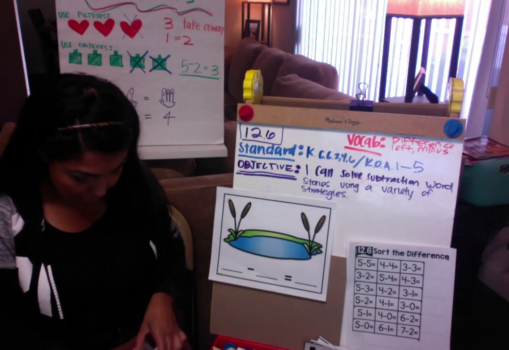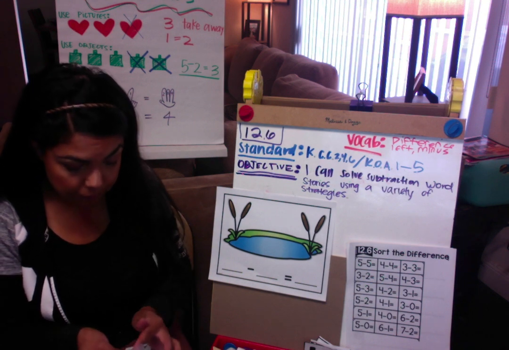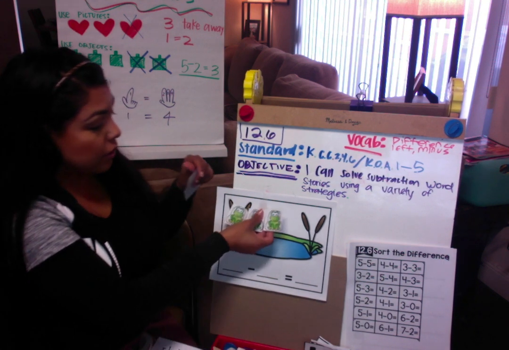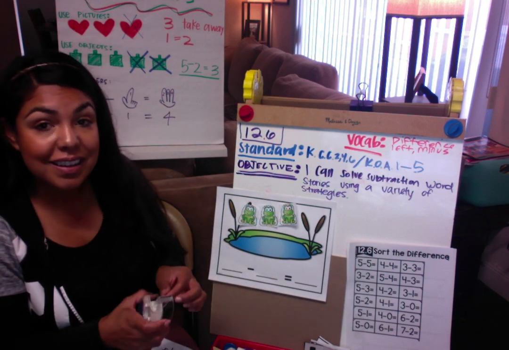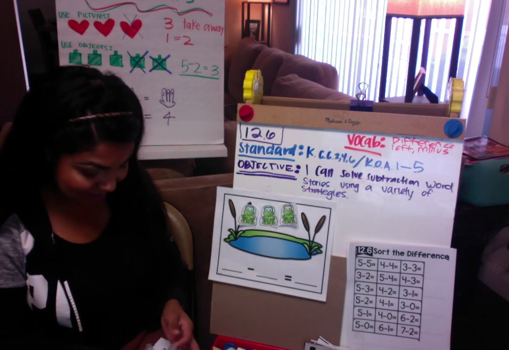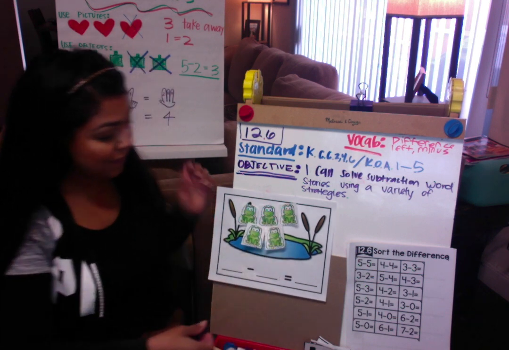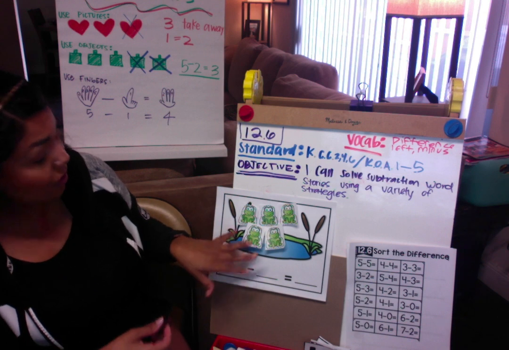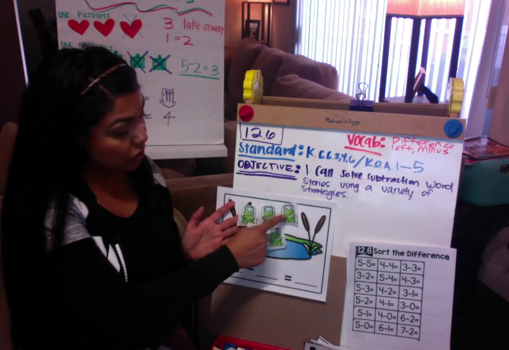All right. So here's my 5 froggies in my pond. What more, Jay? 2 more, Jay. It's 5, not 3. Oh, I did 5. You don't see my other 2? 1, 2, 3.